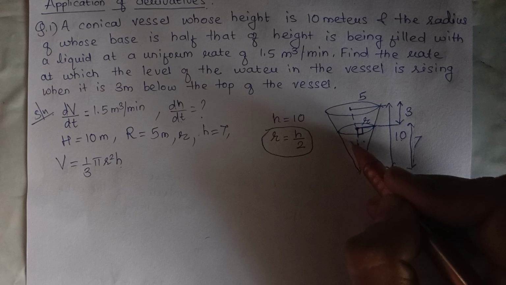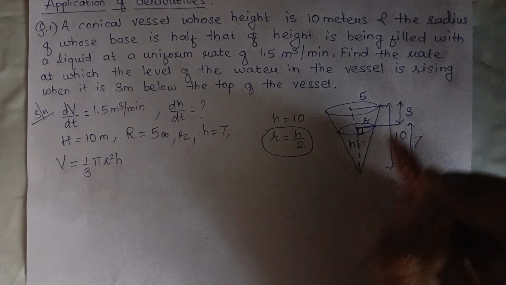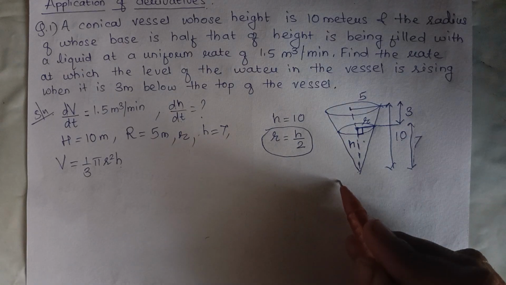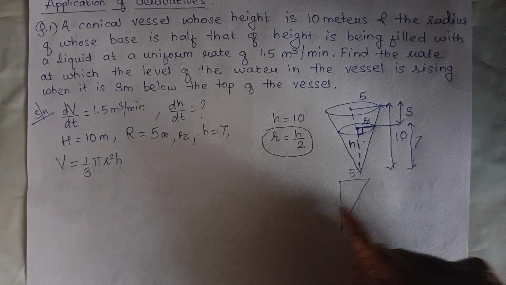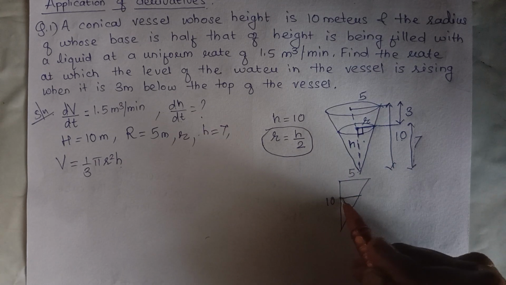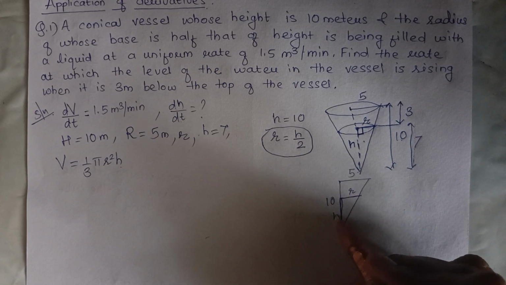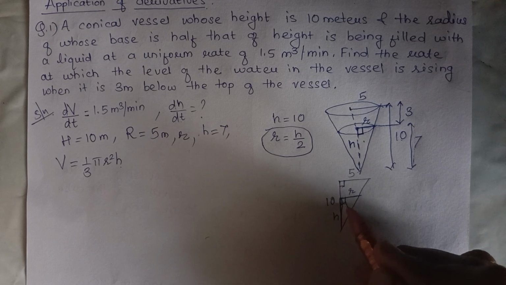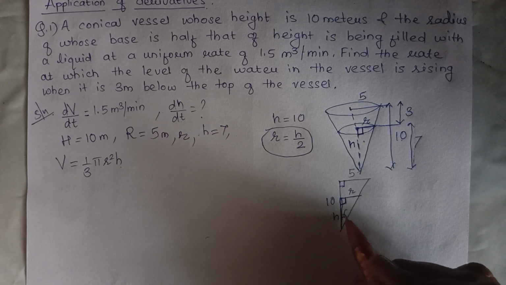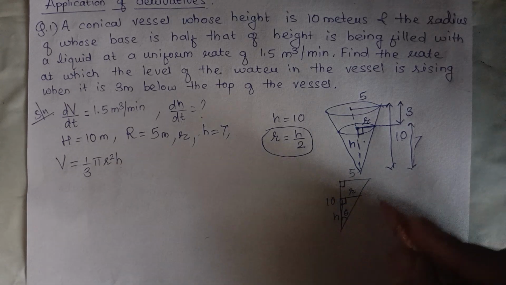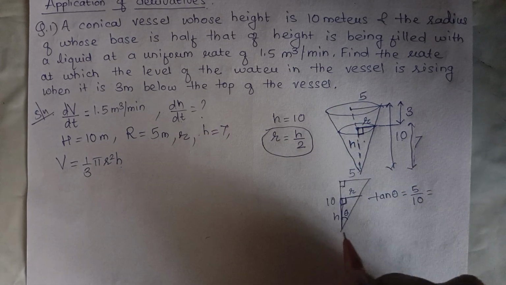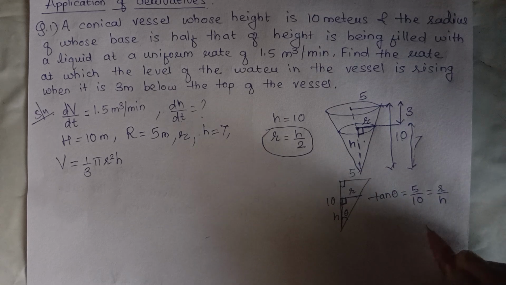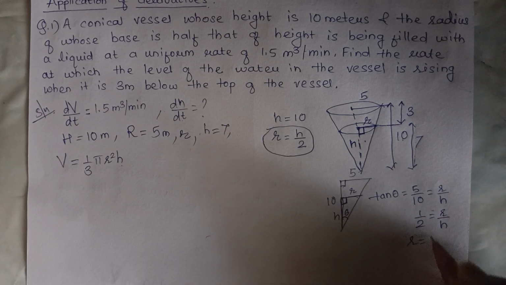If I take this as small h and this full, this is our original triangle, 5, 10, and then this becomes R, this is H. So these are similar triangles. And second thing, we can take the theta here. We can write tan of theta. So tan of theta of the bigger triangle will be what? 5 upon 10. And the smaller triangle will be R upon H. So from this you can get half. It is R is H by 2.